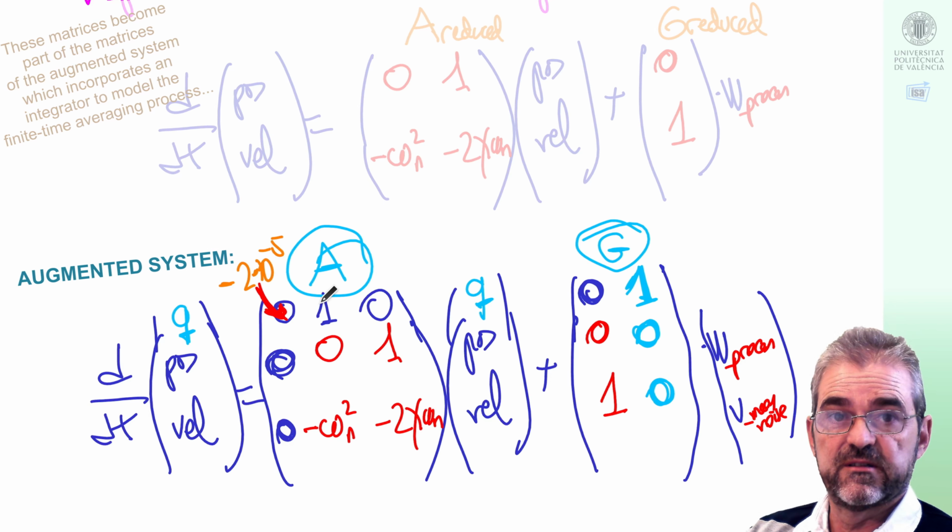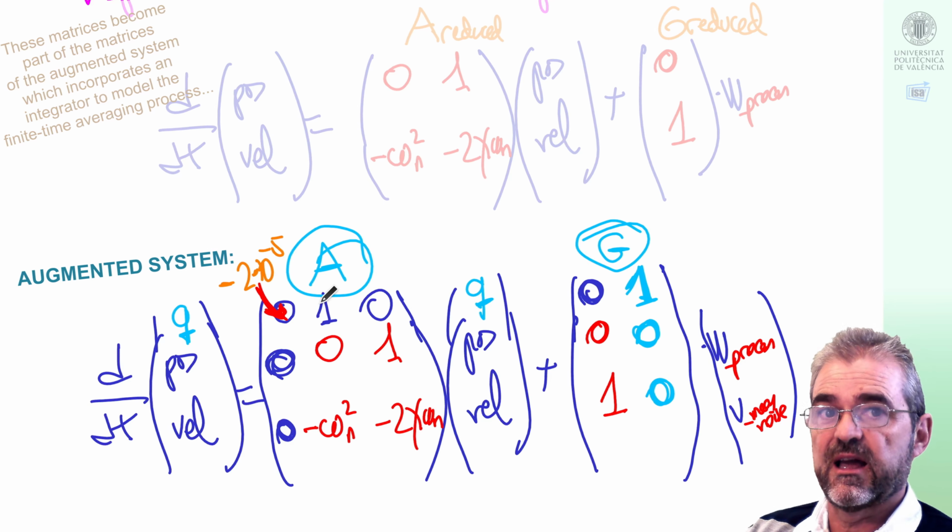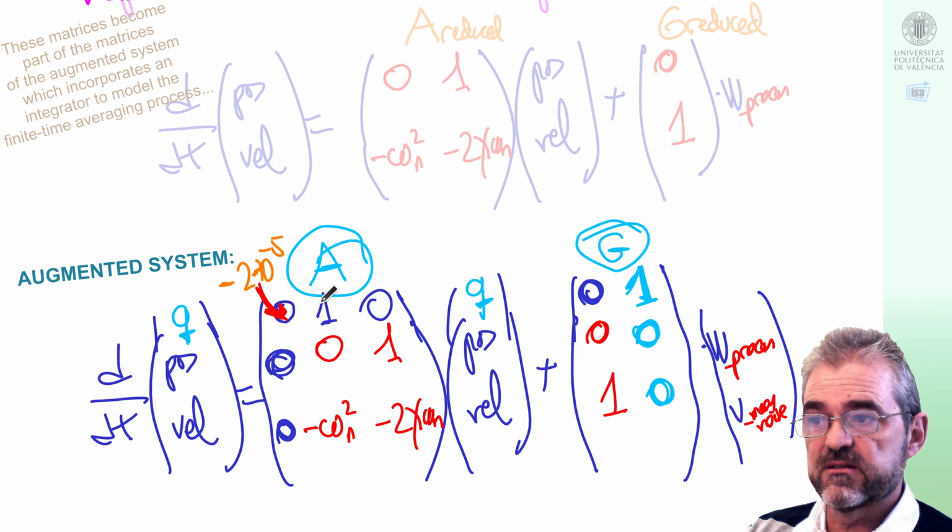So this will not be an integrator, but it will act like one until we reach time intervals in the order of the inverse of the pole.